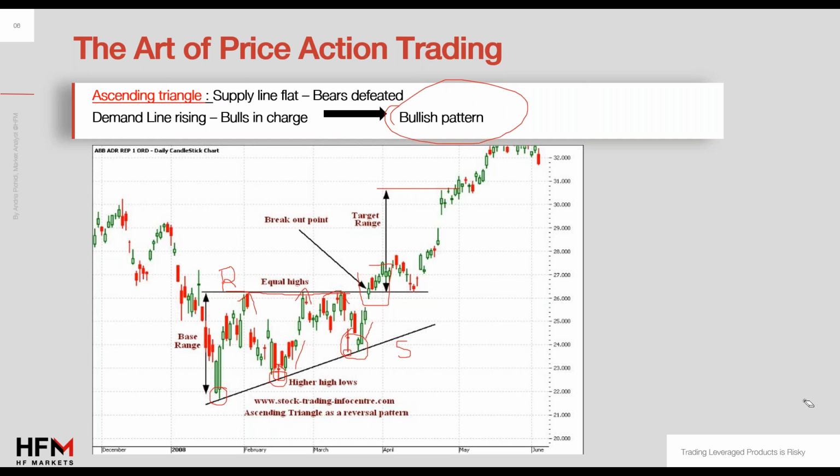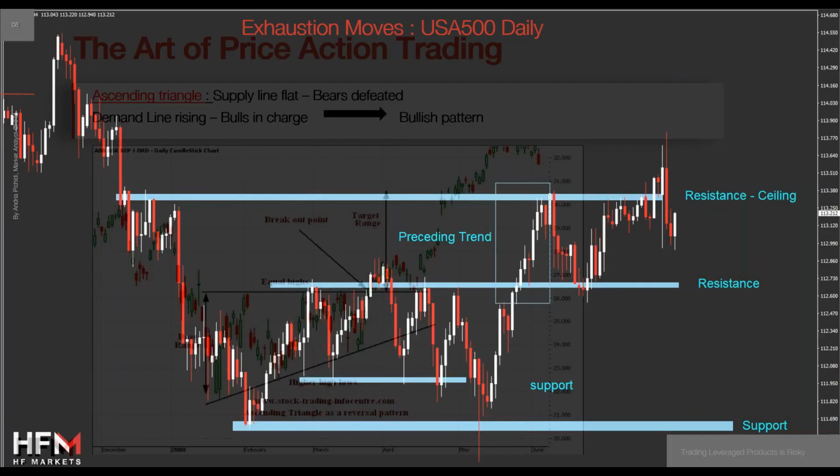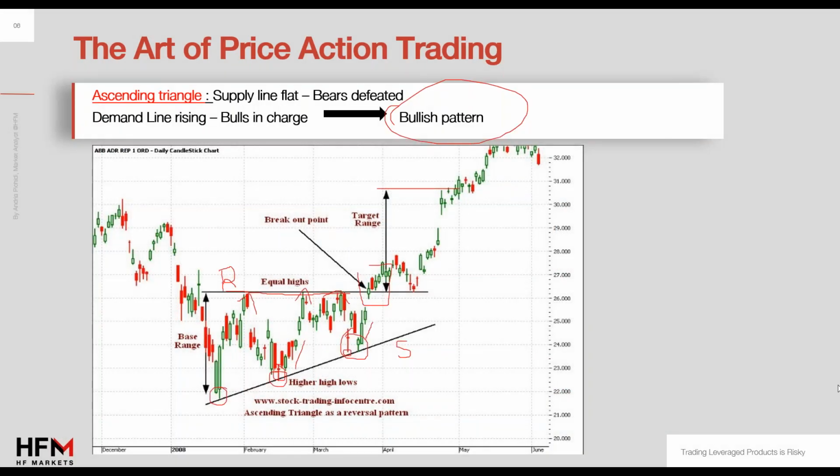resistance. Another confirmation that they will continue moving higher is the fact that despite the next candle being fully bearish, it managed to sustain a support above the resistance line.